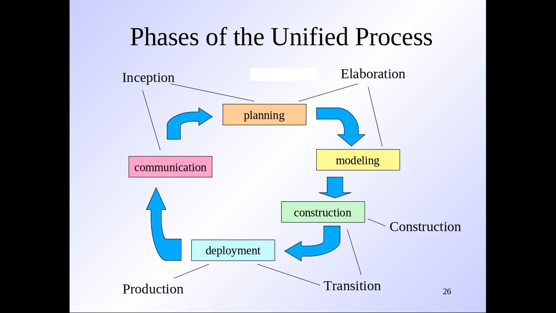Next is the construction phase. In the construction phase, you know what we will do: we will code, or implement, that requirement and that design. In the transition phase, during this step, the software is given to end users for beta testing.